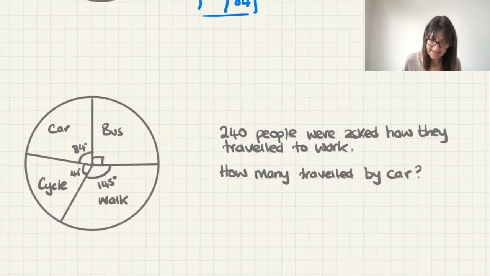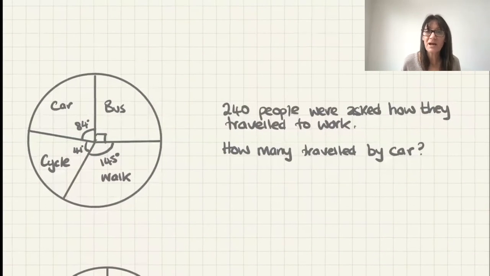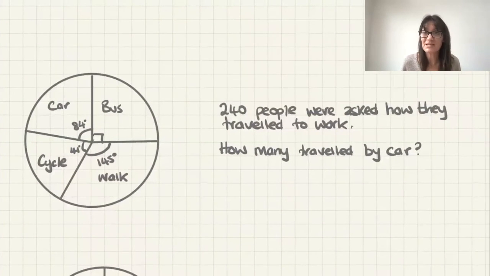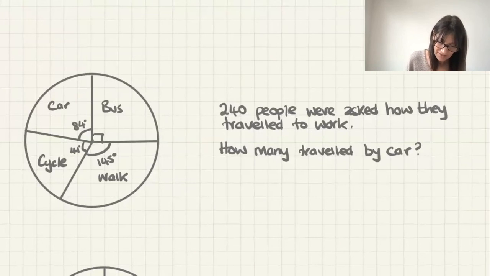So let's see that again. Now, this time, I want you to hit that pause button and just have a go. Just see how far you can get with this and then hit play. All right, so I've got 240 people were asked how they traveled to work. How many traveled by car?